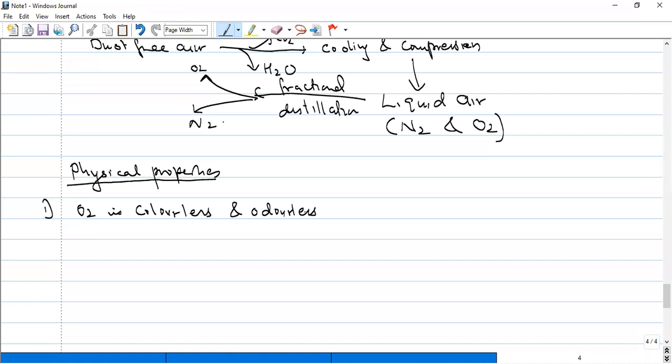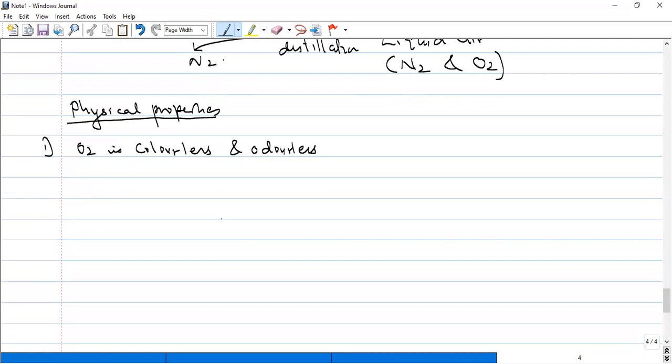It is soluble in water. Completely? No. It is sparingly soluble in water. Sparingly का मतलब कितना? About 30 ml.